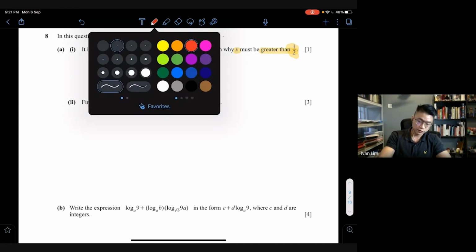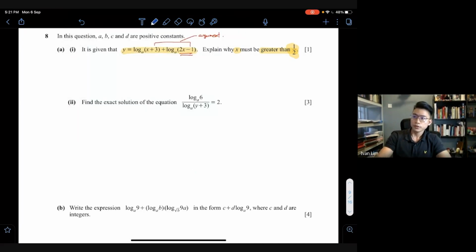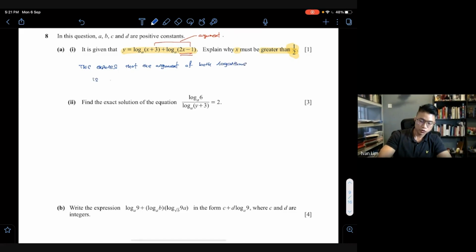Okay, so your answer for this is that this ensures, use the proper term, that the argument, the terms inside is called the argument, of both logarithms is greater than 0.